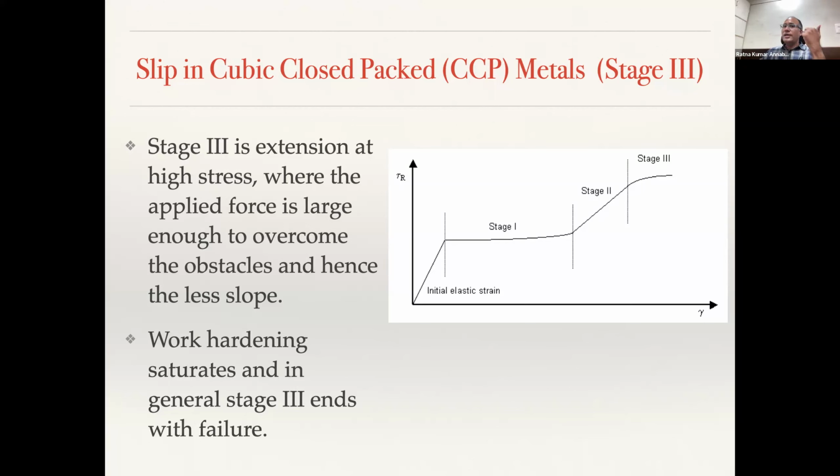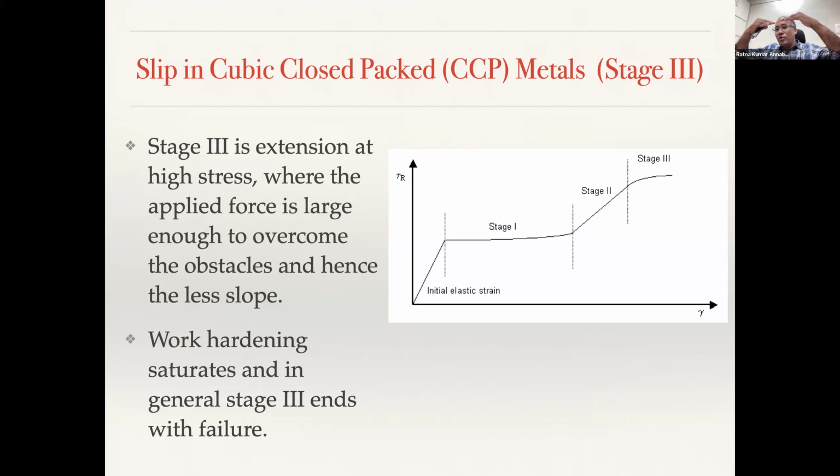Now, the second one is, if dislocations of the same sign come together, then they repel each other. As a result, you will have a resistance to dislocation motion, because your external applied load is such that two dislocations are supposed to move towards each other, but the local stress field around those dislocations will not let them move close to each other.